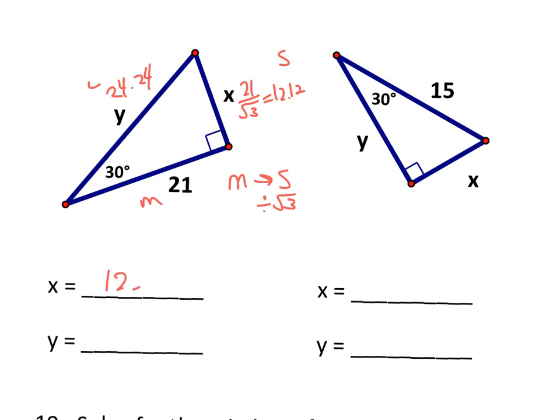So 12.12, 24.24 approximately. For the next problem, we are given the long, and we're looking for the short. So long to short, we're dividing by 2, and we get 7.5. So x is 7.5. Then to get the medium, we'll multiply that by radical 3 and get 7.5 radical 3.